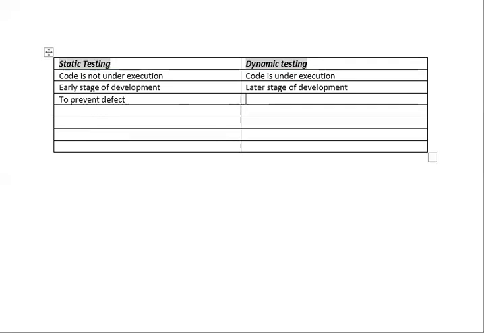While dynamic testing is performed to find bugs, which we get to know when code is being executed, and we see whether it's working fine or not. So in dynamic testing, we are basically finding the bugs.